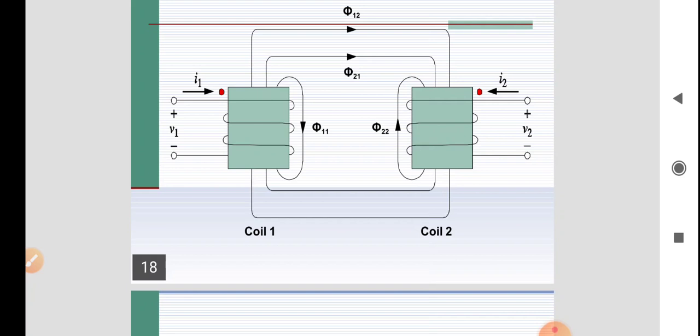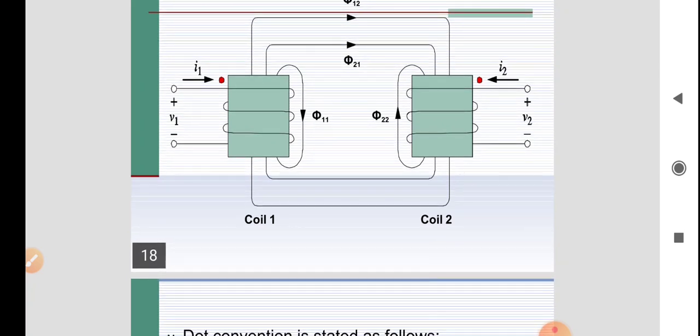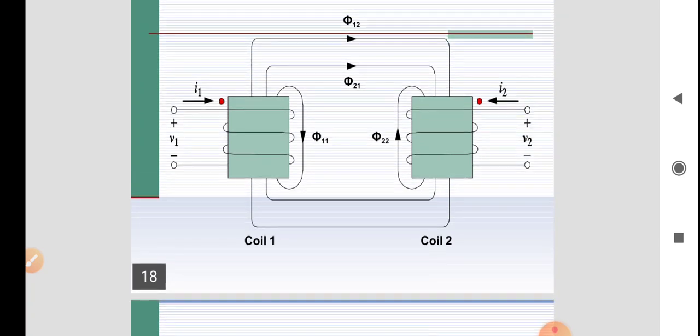If the I1 current is entering as well as the I2 current is entering, then the mutual inductance is given a positive sign. Similarly, if the I1 current is entering and the I2 current is leaving, then it is represented by a negative sign. If both currents are entering from dot to coil or coil to dot, then it is positive.